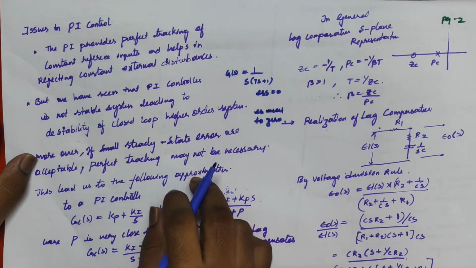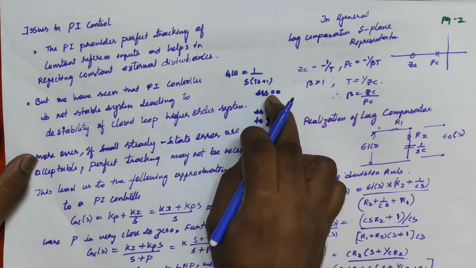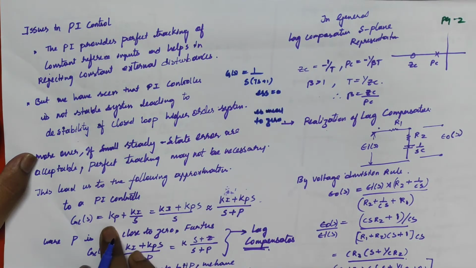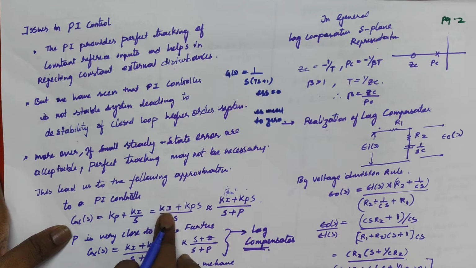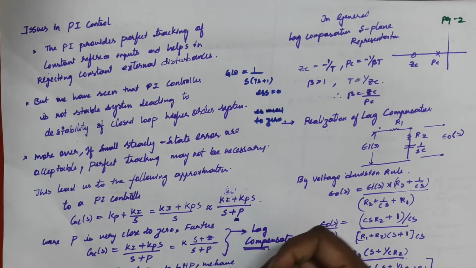We do an approximation so that the steady state error is not exactly 0 but near 0. Here, if you see carefully, this is the PI controller, Kp + Ki/s, which equals Kp(s + Ki/Kp)/s. Further solving, we get this form, and we have incorporated this P here.